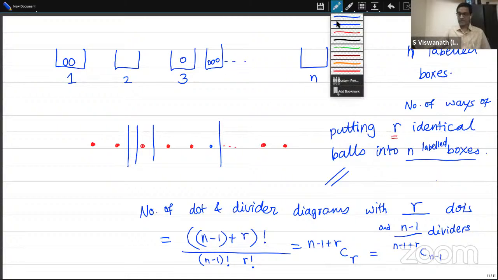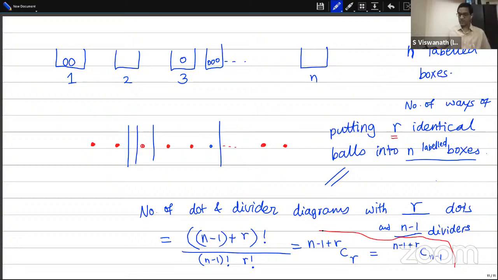So there is a slight asymmetry here between balls and boxes. You have to be a little careful. The top is N minus 1 plus R, so it's like N plus R minus 1. If I change N and R, if I ask how many ways there are of putting N identical balls into R labeled boxes, then the answer is not the same.